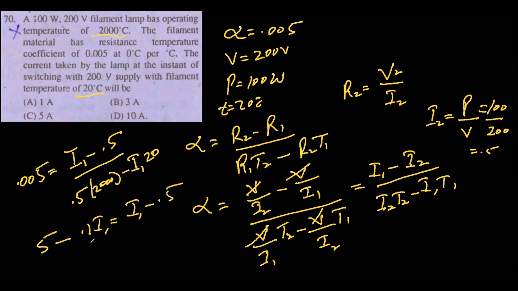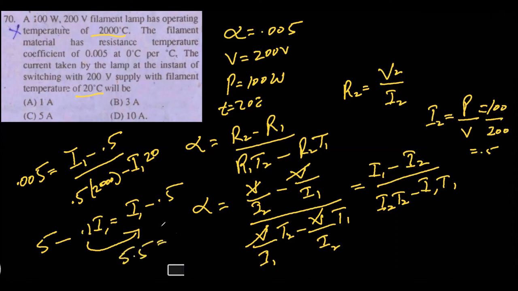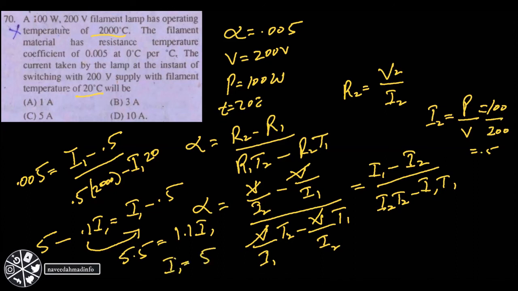So bring this toward the right side, and that will be 5 plus 0.5, which is equal to 5.5, equal to I1 plus 0.1 I1, that is 1.1 I1. So 5.5 divided by 1.1 will be equal to 5. So your I1 current will be equal to 5. Is there any option which is equal to 5? Yes, so option C will be the correct answer.